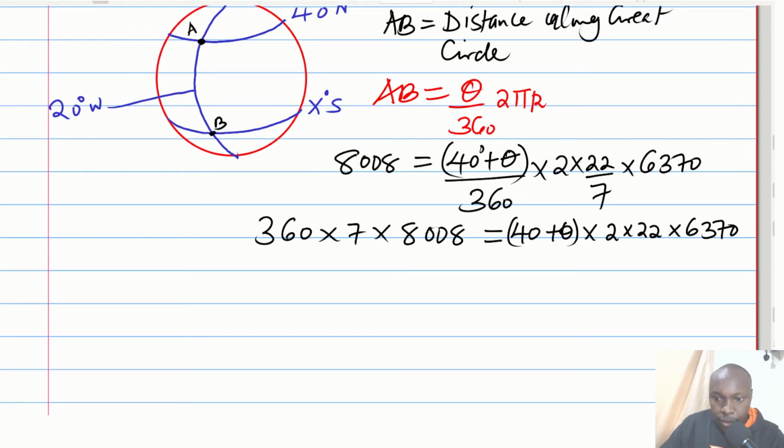So I've got rid of these by multiplying both sides by 360 multiplied by 7.